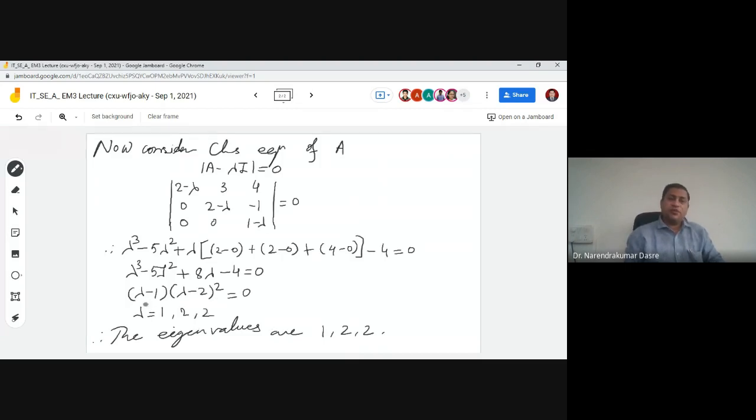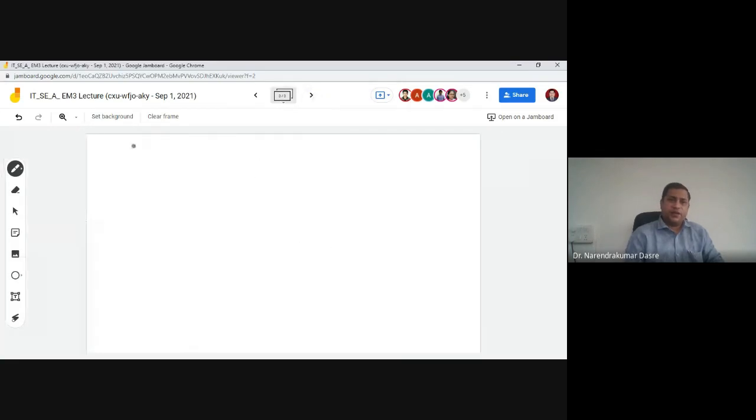So from here we can identify algebraic multiplicity, and hence we can write the algebraic multiplicity of lambda equal to 1 is 1, and the algebraic multiplicity of lambda equal to 2 is 2. Okay, so 2 is repeated 2 times, 1 is repeated 1 time. So these are the algebraic multiplicities.